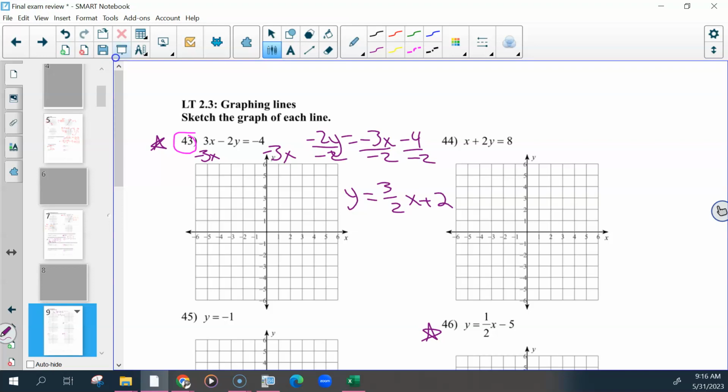Then we actually have to graph it. So look at your y-intercept first. Start there, put a point at positive 2 on the y-axis. And then use your slope. Go up 3 and to the right 2 since it's positive.